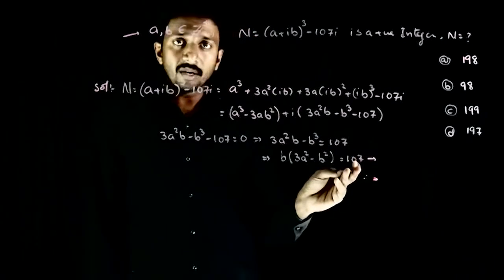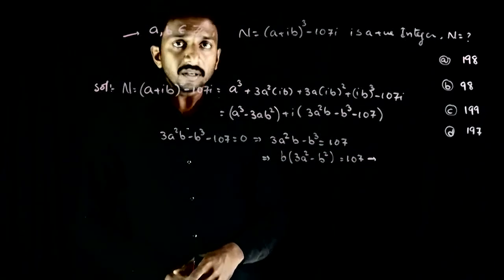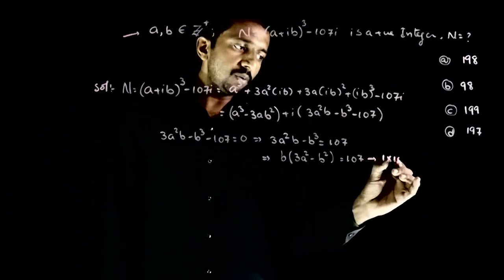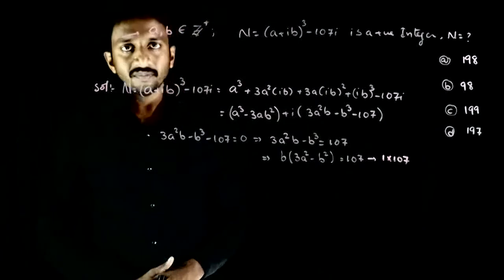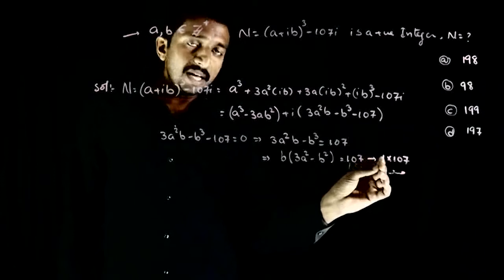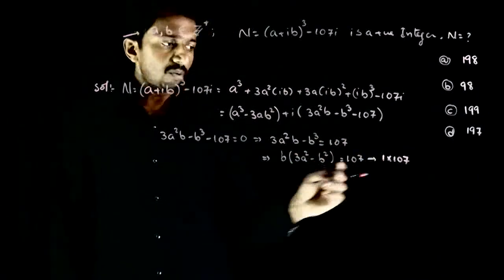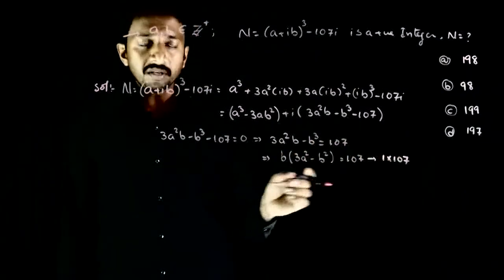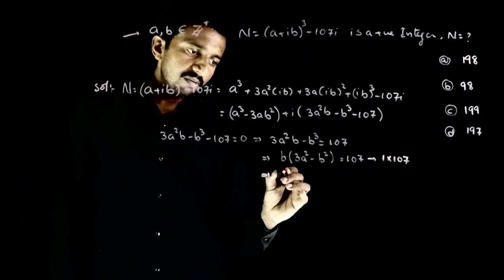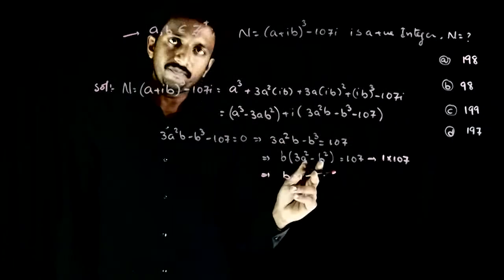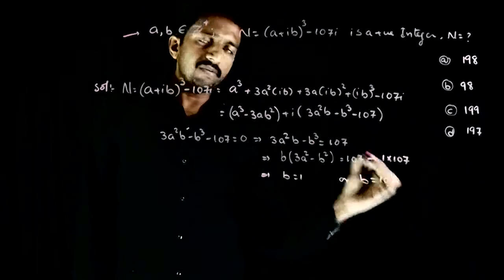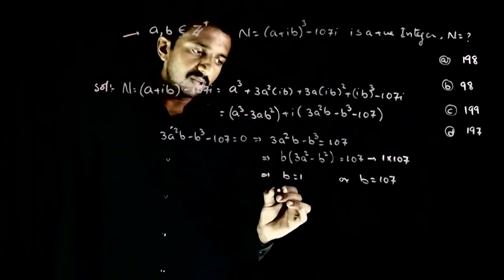You can see that there are no factors for this number, 107 is a prime number, so it can only be written as 1 into 107 or 107 into 1, there is no other way. So comparing, b has to be equal to 1, or b is equal to 107.